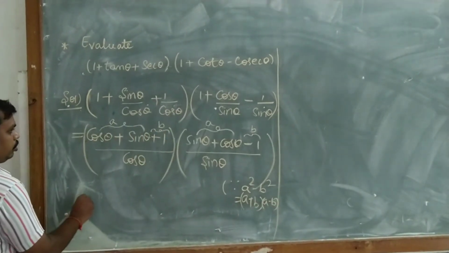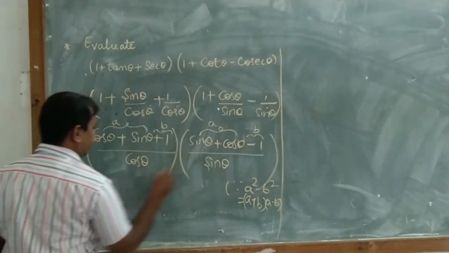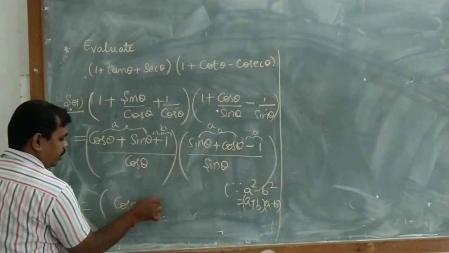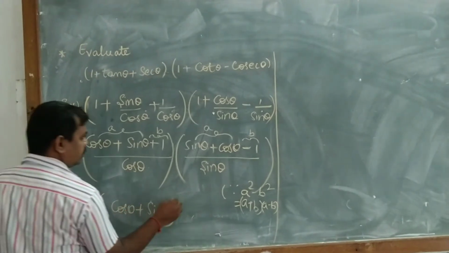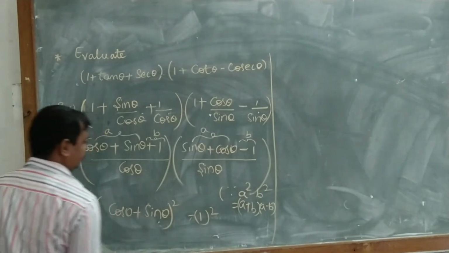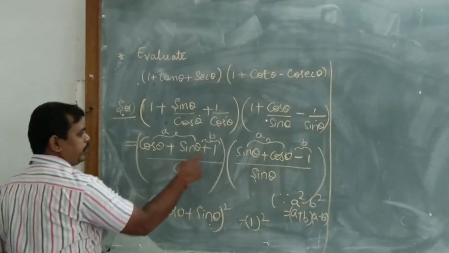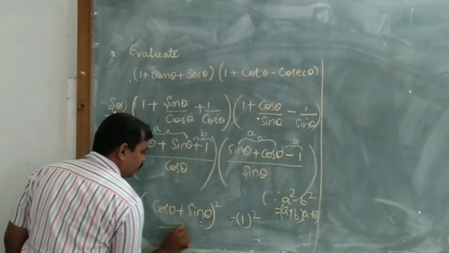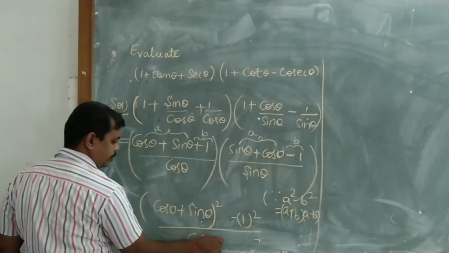That is A² − B². (A + B)(A − B) is nothing but A² − B², and what will be our LCM? Cos θ into sin θ.